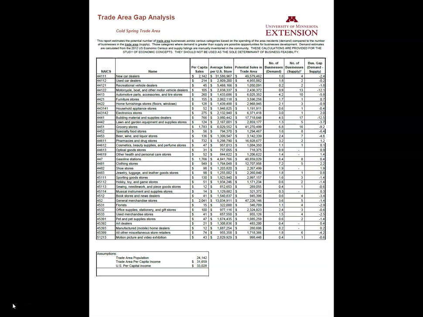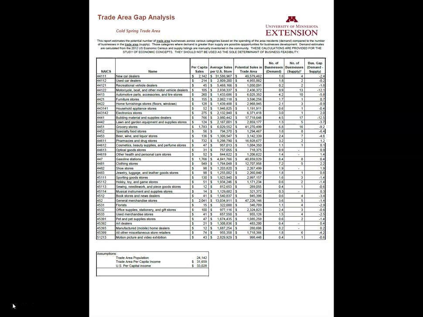So that provides us with some important details that come from a survey called the U.S. Economic Census. This U.S. Economic Census provides us information about the average sales per U.S. store of every retail category. We also get some information on the per capita sales across the country for each category.